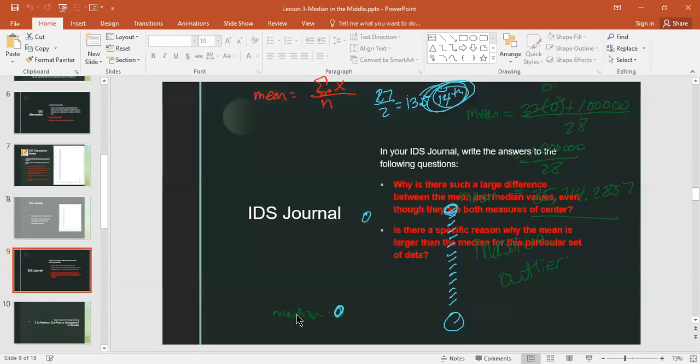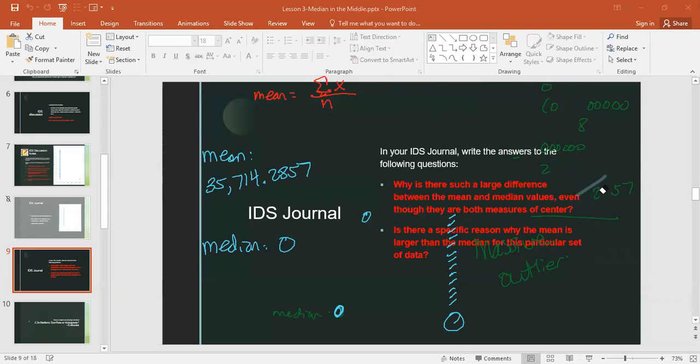I want you to make sure you have the mean to look at, which is 35,714.2857, and our median, which we had as 0. The rest of this, I'm going to do this.